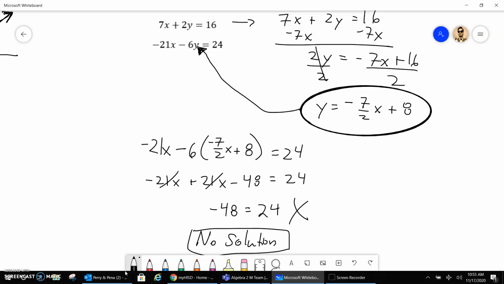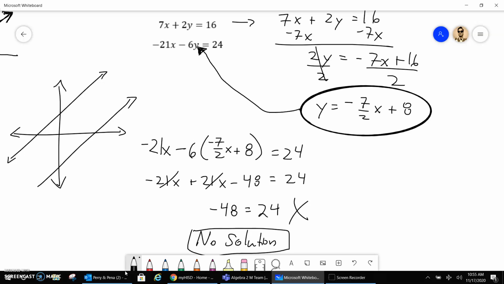And graphically, what that means is that these lines never intersect because they're somehow parallel in the xy coordinate plane. And of course, if you have two lines that are parallel and they're not the same line, they don't ever intersect. That's by definition. That's what parallel is.